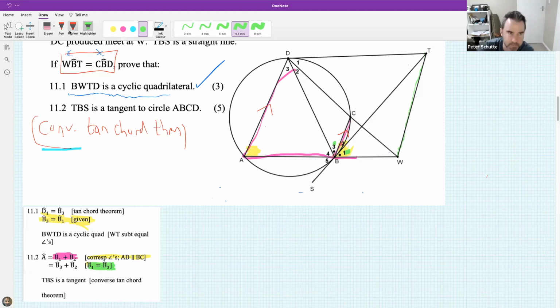Okay, so then if we know that this and this is equal to that, and we also know that this and this equal to that, we can say that B3 plus B2 must be equal to angle A over here.